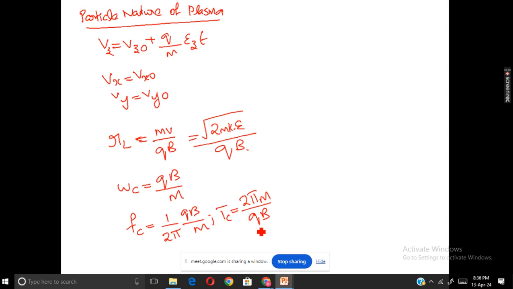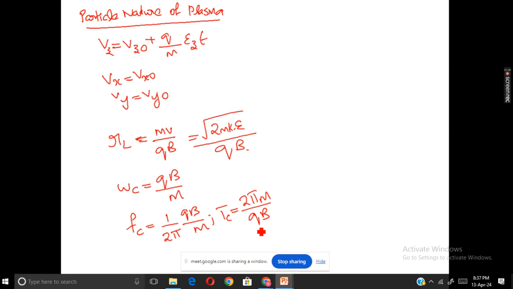Now, how the particle behaves in the presence of both an electric and a magnetic field we also saw. In the presence of both electric and magnetic field, there will be an additional velocity which is known as the drift velocity.